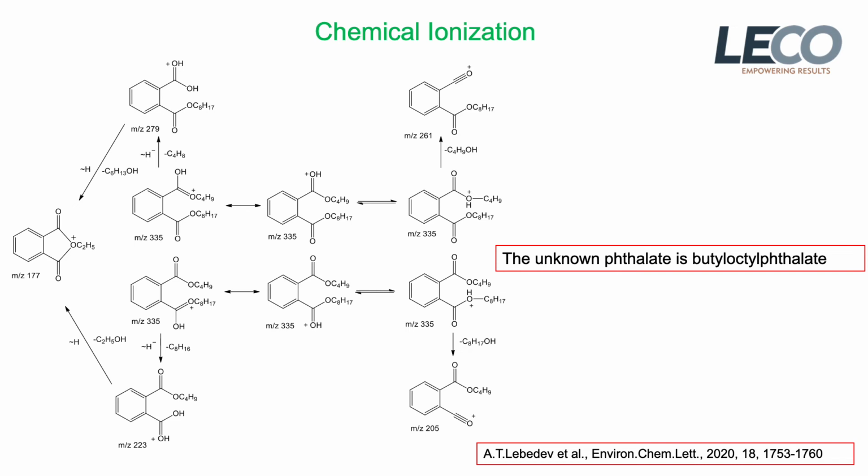So, knowing the rules of fragmentation, we could derive the structure of this ion, and it was butyl-octyl phthalate. So very helpful method, I mean positive chemical ionization, when you don't have molecular ion in the spectrum of electron ionization of your compound of interest.